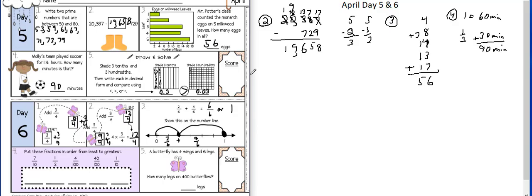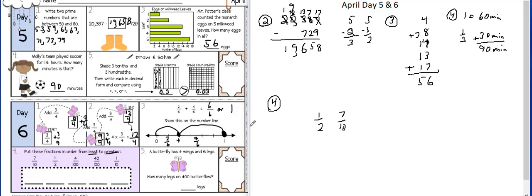All right, number 4. Put these fractions in order from least to greatest. All right, so I'm going to kind of just scribble down over here so I can get them in order. I always start with the 1/2. I compare it to 1/2. So 7/10, that's more than 1/2.